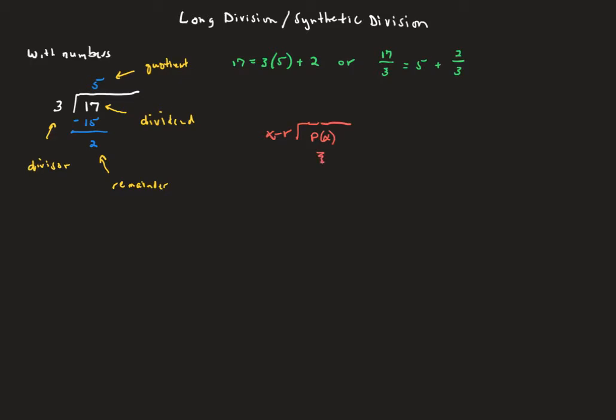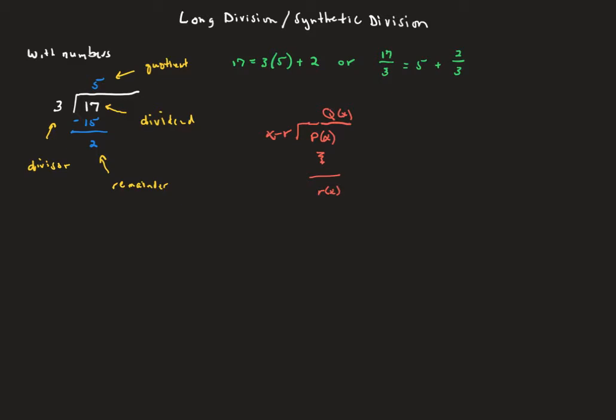We'll talk about what we have to do along the way. We're going to get a remainder that we'll call r of x. It might be a number, it might be some actual polynomial, and then we'll call this the quotient q of x up here. These are the same things that we saw over on the other side with numbers.